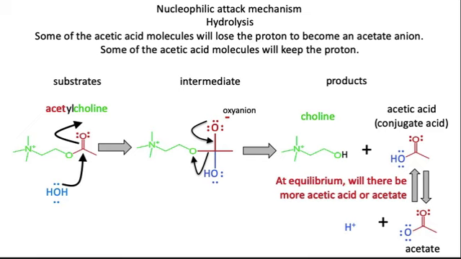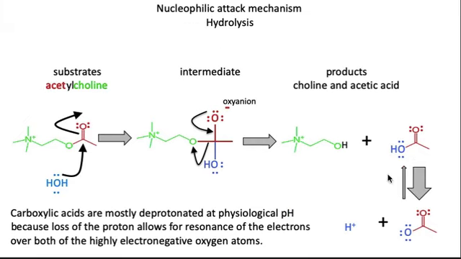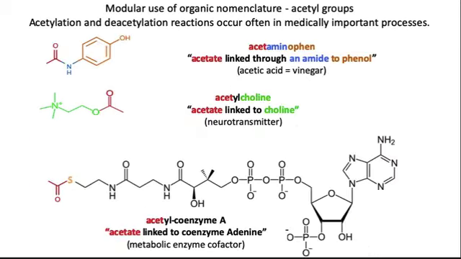Carboxylic acids, importantly, tend to lose their proton and exist primarily in the conjugate base form because losing the proton allows resonance and spreading out of the negative charge. If you've understood this talk, you now understand why hydrolysis of an ester bond tends to give products, one of which is an alcohol and one of which is a carboxylic acid.